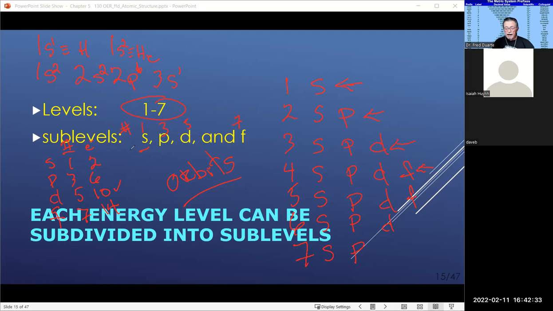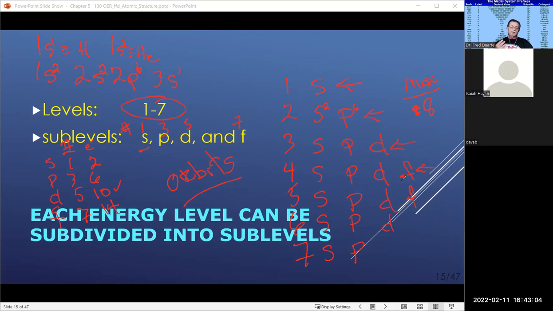Or you could be asked, what is the maximum number of electrons that I can put in the 2nd energy level? To answer that, you have to know the 2nd energy level has the s and the p. The s is maxed out at 2 and the p is maxed out at 6. That means the max electrons for the 2nd energy level would be 8, right?